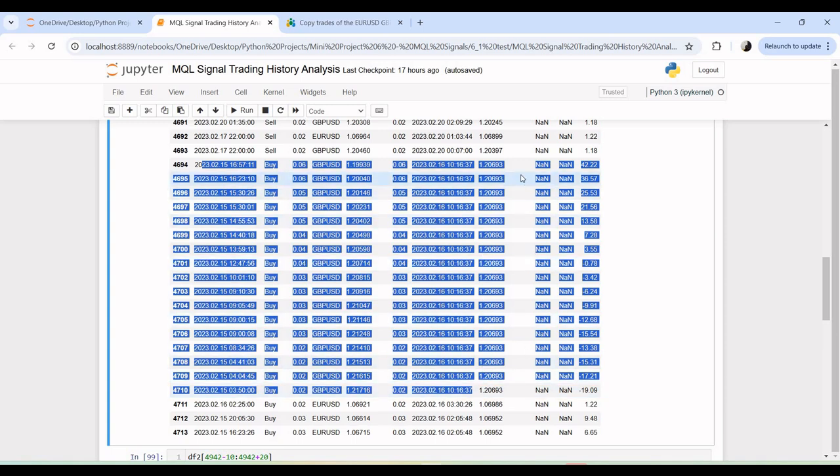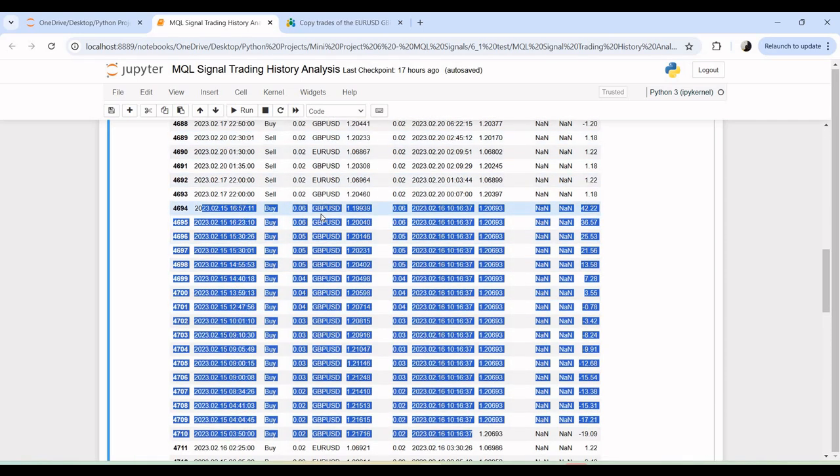Also, we notice that these deals are closed at the exact same price. These are also GBP USD deals, all of them in fact, and are in the buy direction.